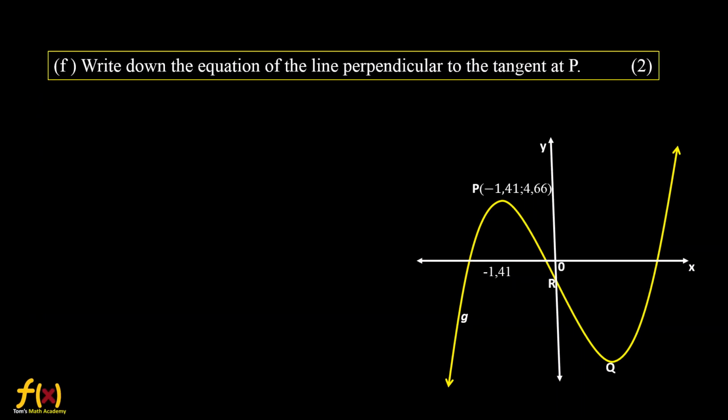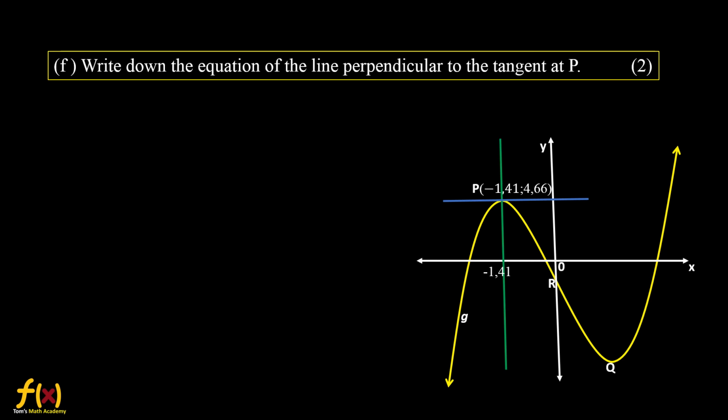Look at this question now. Write down the equation of the line perpendicular to the tangent at P. P is the turning point, and the tangent will be parallel to the x-axis. The question is not that. Write down the equation of the perpendicular at P. This is the perpendicular line.